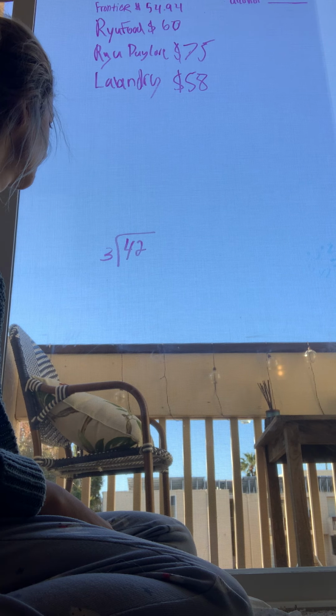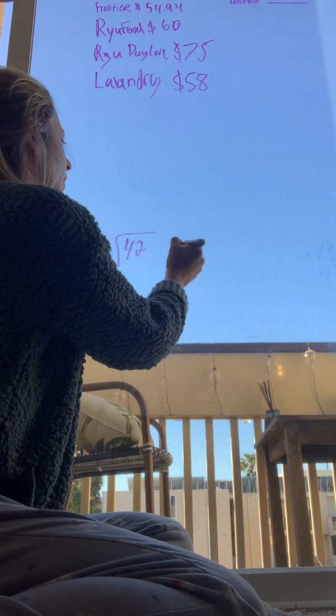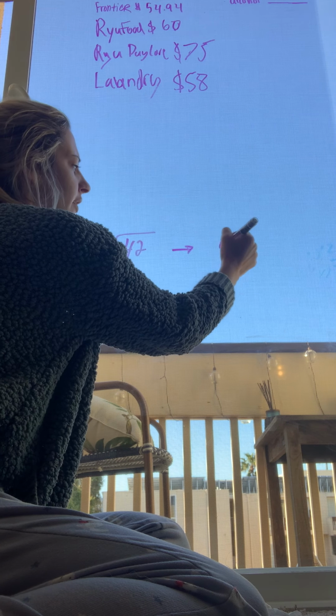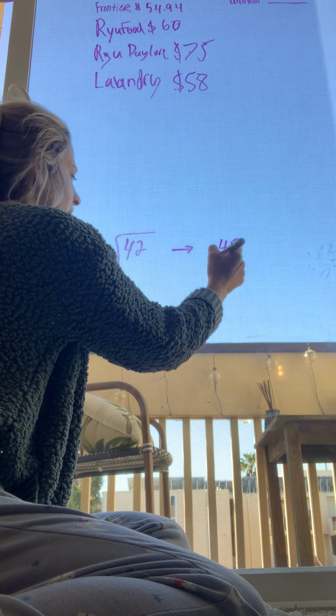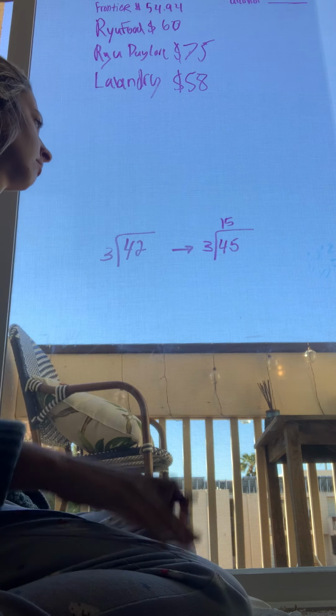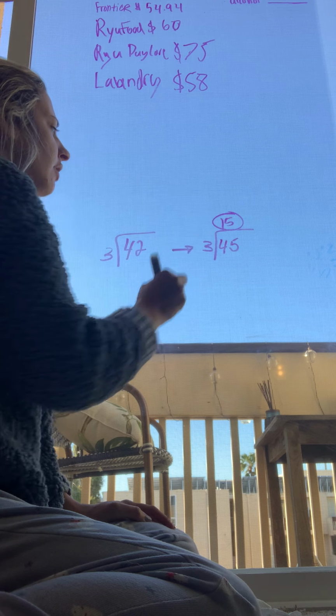The first thing I'm going to do is get that estimate. So I'm going to round 42, I'm going to do 45 divided by 3 because I know in my mind that that's 15. So our answer should be somewhere near 15.